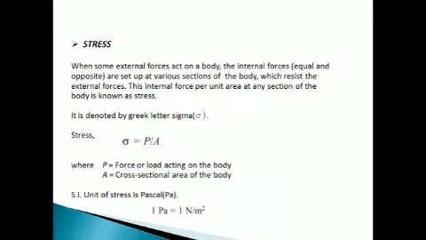Note that 1 Pascal is equal to 1 Newton per meter square. In general, we use bigger units of stress, that is megapascal or gigapascal. 1 megapascal is equal to 1 Newton per millimeter square and 1 gigapascal is equal to 1 kilonewton per millimeter square.